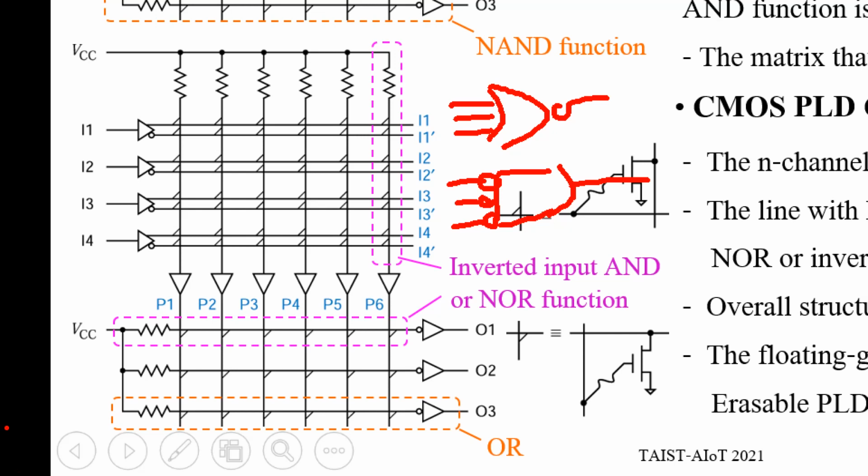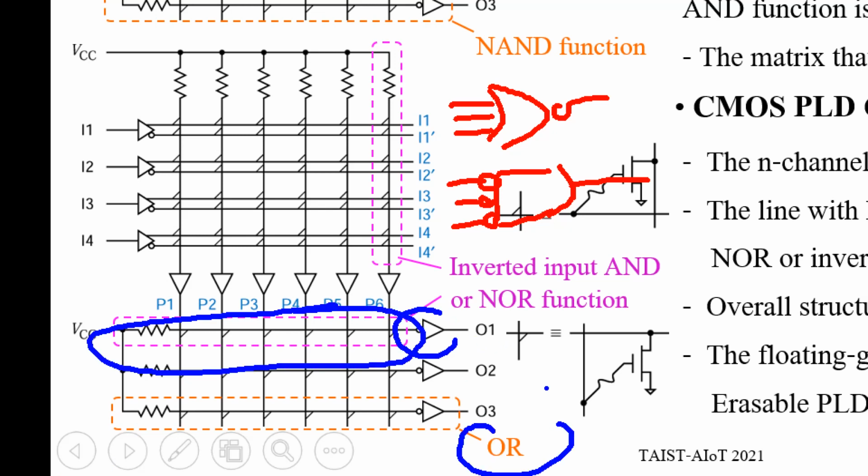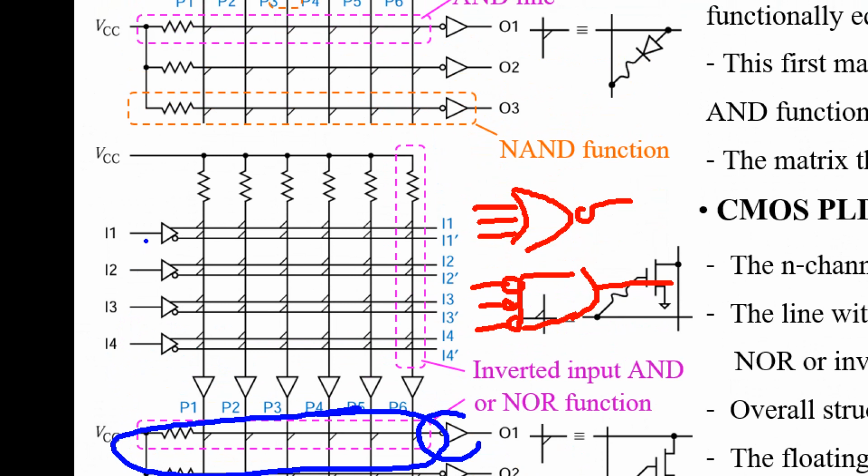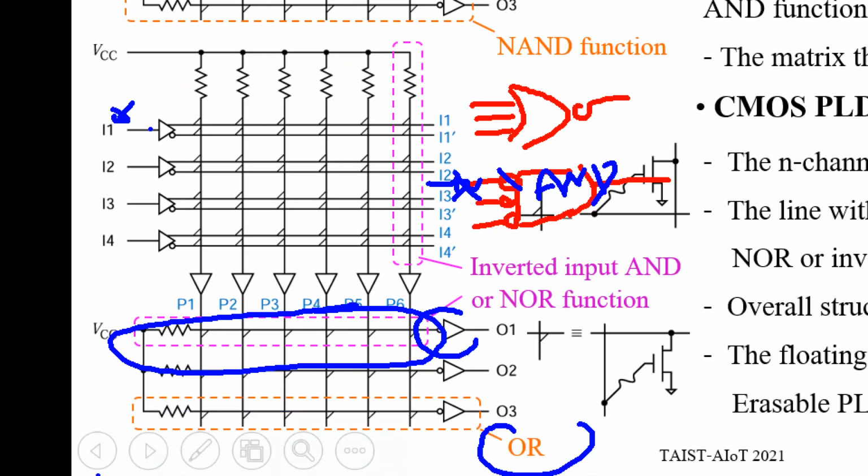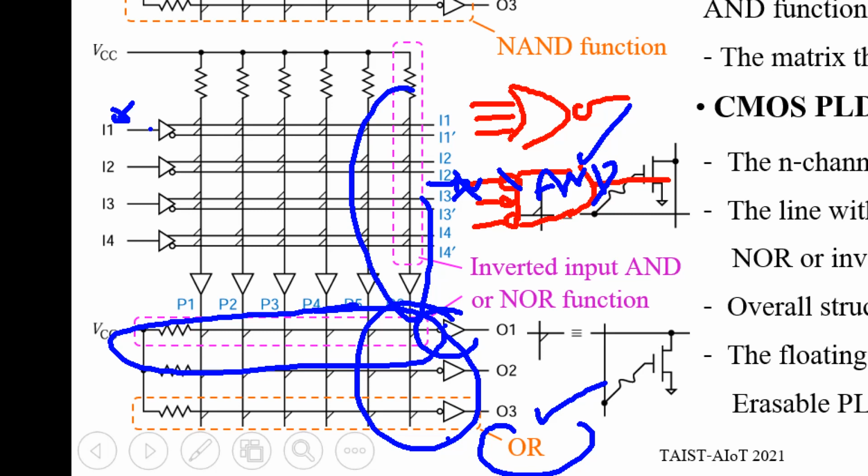This one also is a NOR function, and then when you invert it, it becomes OR. If you apply input with the inverse of the normal input, that means you can cancel this one. So this one becomes AND, and this one is OR, right? Then your structure has AND here and here and OR here. So you can implement the function based on the AND-OR structure.